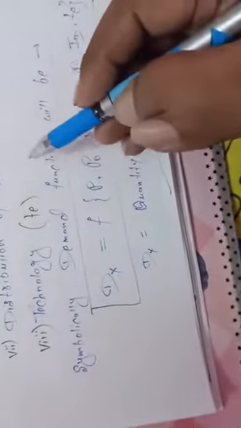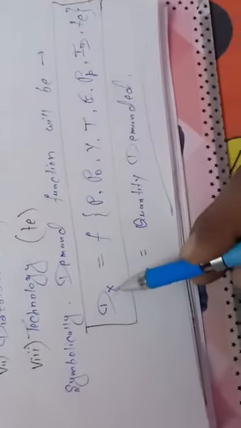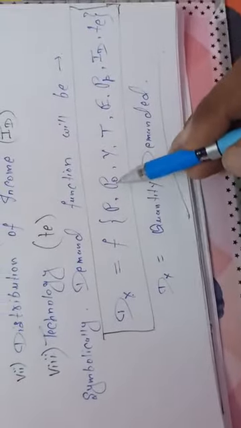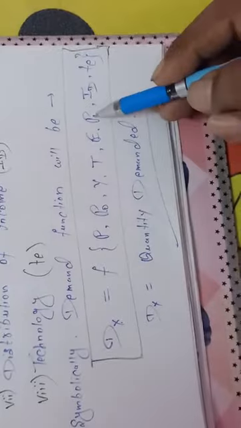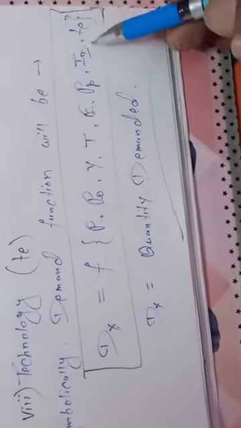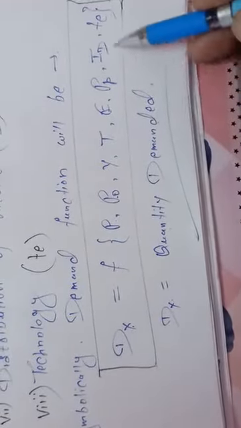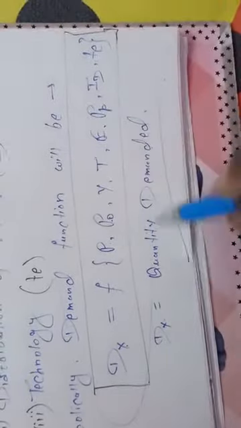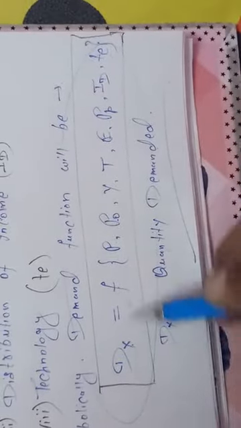These are the determinants of demand. If we follow symbolically, then demand function will be Dx = f(Px, Po, Y, T, Pe, P, ID, Te), where Dx is equal to quantity demanded. So this particular function is known as the demand function.